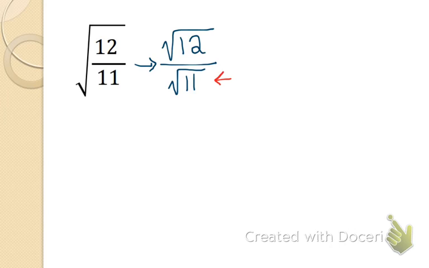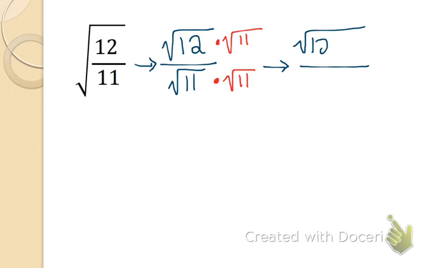Now again, we don't want radicals in our denominator. So we're going to multiply by square root of 11, top and bottom. Instead of actually multiplying them, the product property of square roots allows us to just write it in this form: 12 times 11 divided by the square root of 11 times 11.